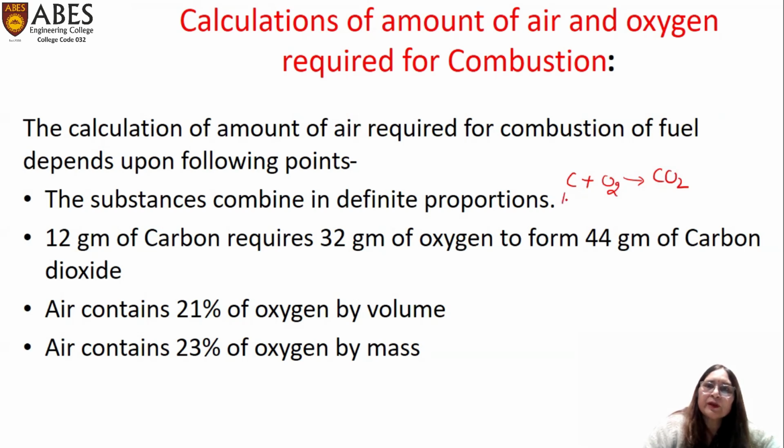Proportion means 12 gram carbon requires 32 gram of oxygen and forms 44 gram of CO2 after combustion. 12 is to 32 is to 44. That is the definite proportion.